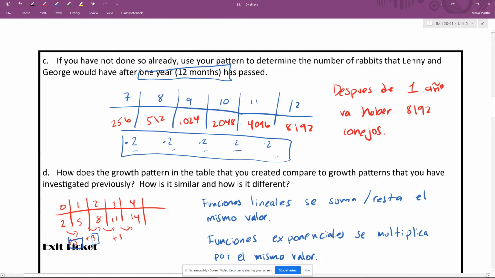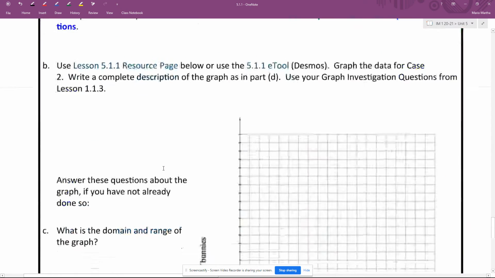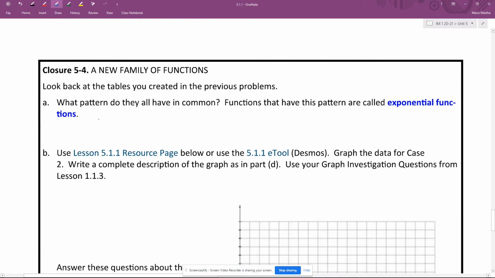So we're going to take a specific look. First, let's answer the first question. All of these grow by multiplication, and these are called exponential functions.